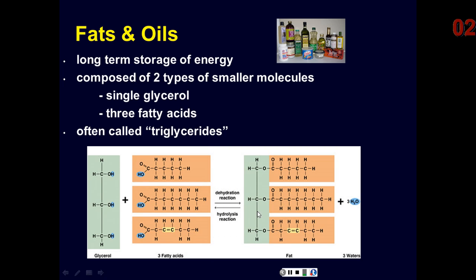So this is what a molecule of fat or oil would look like right here. Here's my glycerol. Here's my fatty acids, which are basically hydrocarbon chains. You may recognize that. And through the reaction of dehydration synthesis, we've bonded those to the glycerol, and three waters have exited.